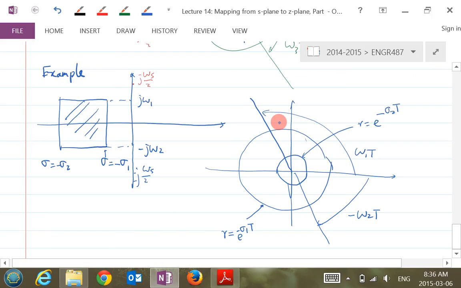So overall, your region in the S plane here will be mapped into where? Over here.